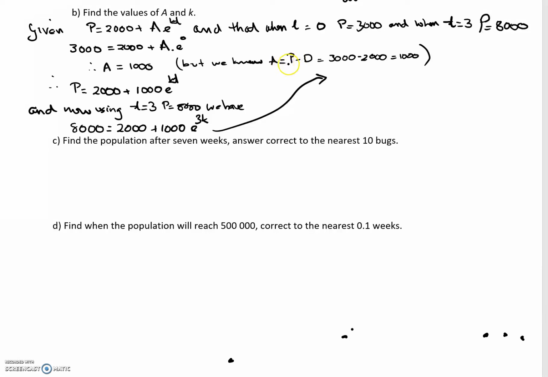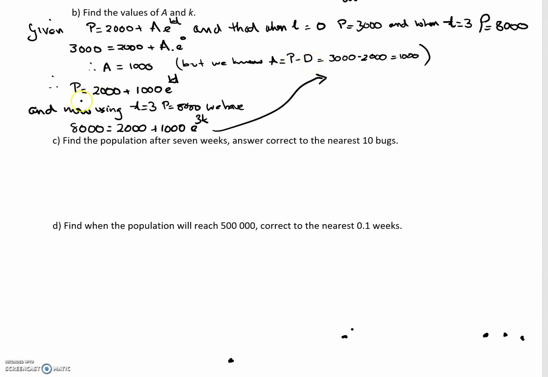Now this only happens at time is 0. Then A will be 3,000 minus the 2,000, which is equal to 1,000. So you can get your value of A using that formula.